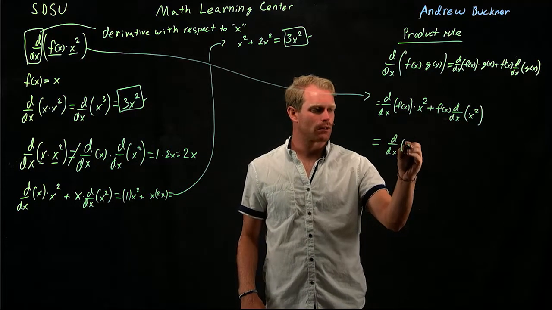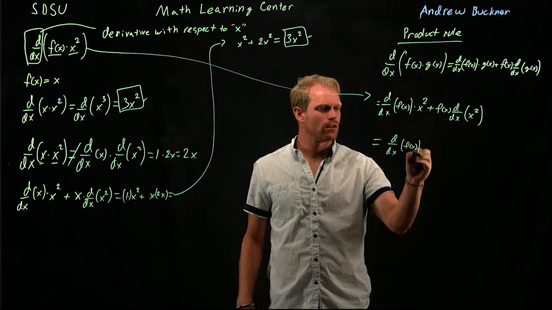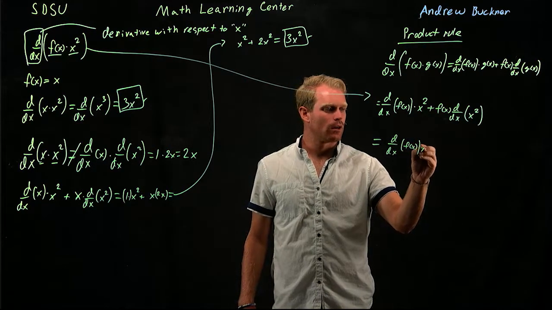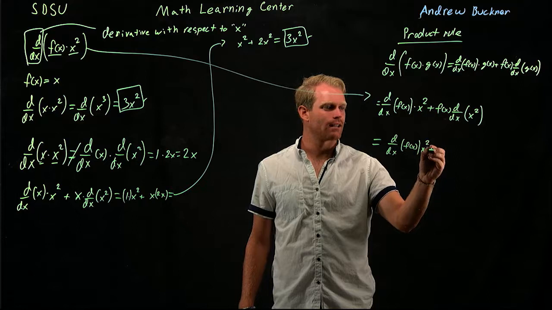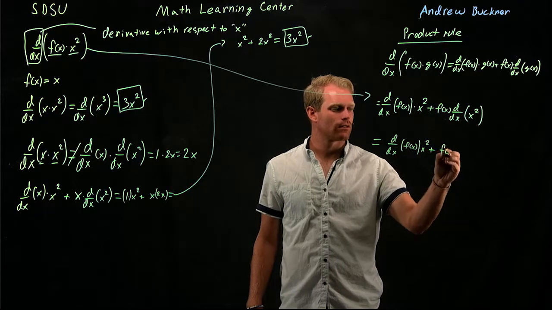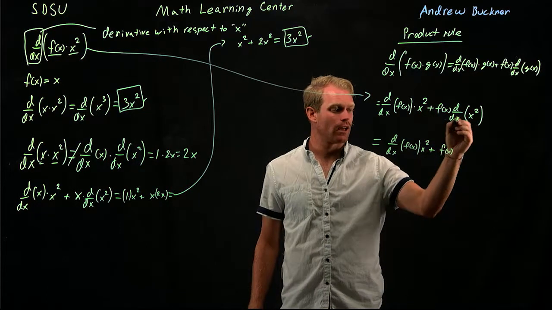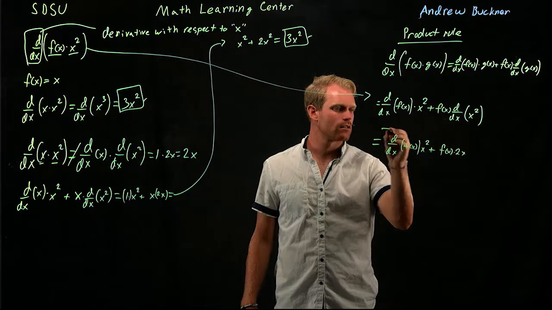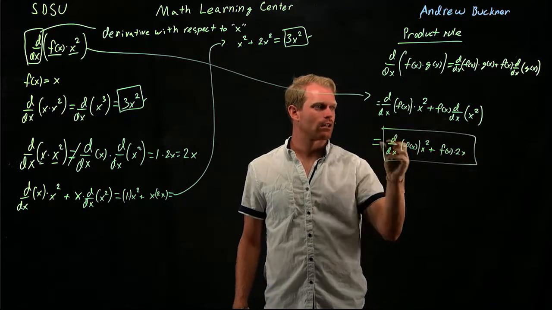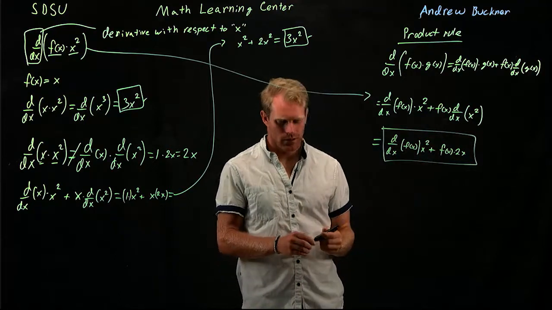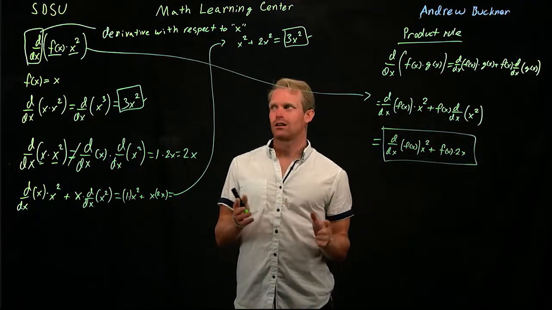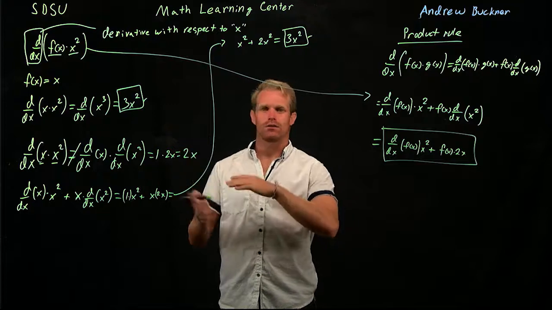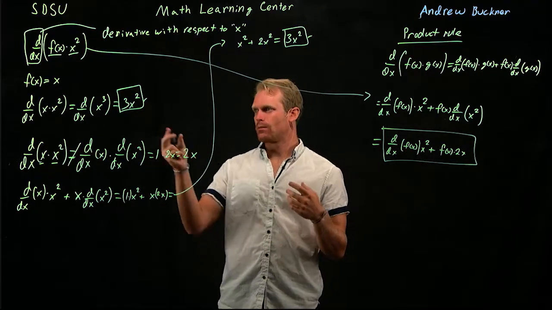The derivative with respect to x of f of x multiplied by the x squared, and then adding it to, again, the first function f of x, and then actually taking the derivative of the x squared, and we get the 2x. So we see here that we have two different ways, but both ways are correct.